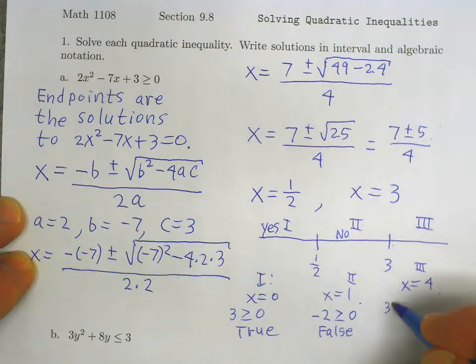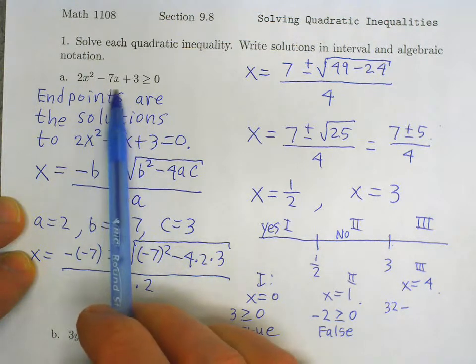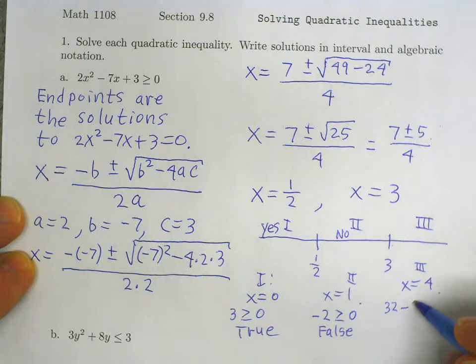Then minus 7 times 4 is minus 28, and then plus 3 greater than or equal to 0. 32 minus 28 is 4, and 4 plus 3 is 7. 7 greater than or equal to 0 is true.